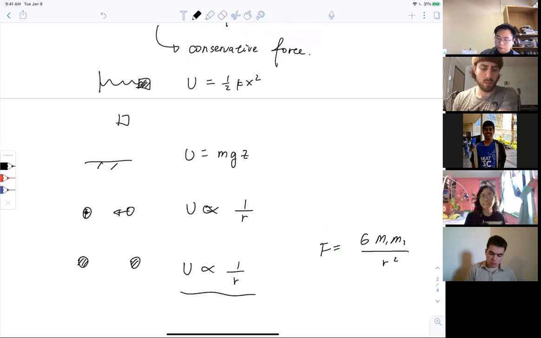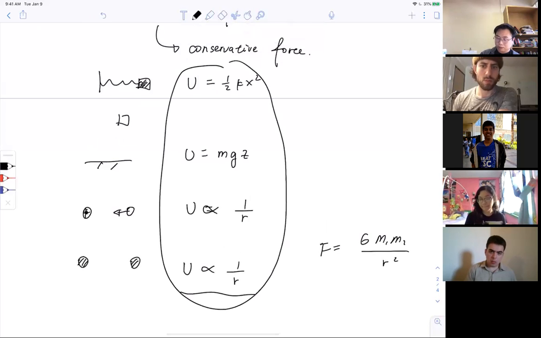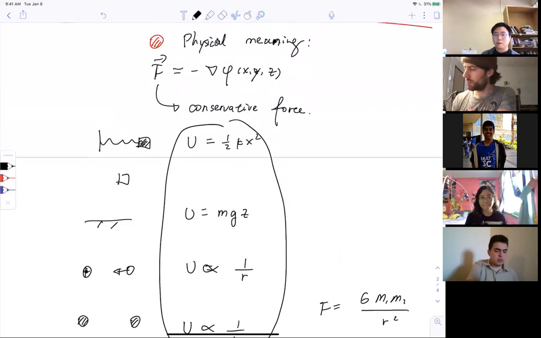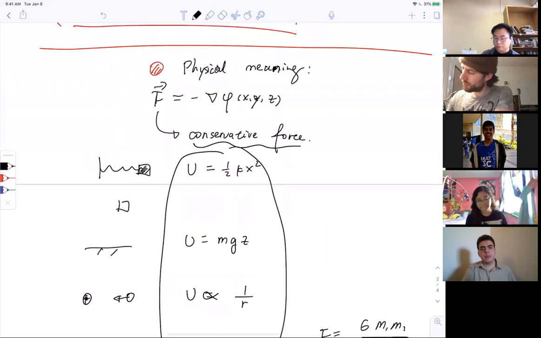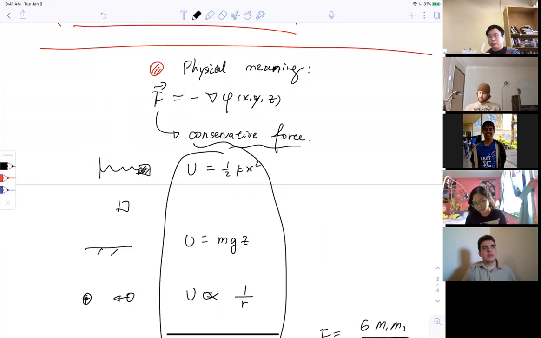So all these forces are conservative forces. The physical meaning of a conservative force is that this force will conserve the energy of the system. It will not transfer the energy from the system to the environment. It will only transform energy from one form to another, like energy flowing within the system.